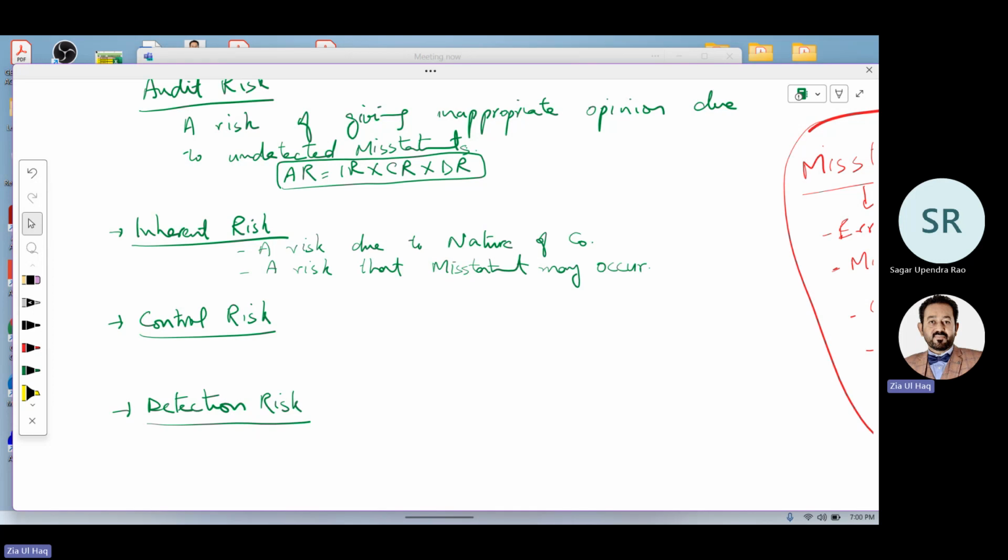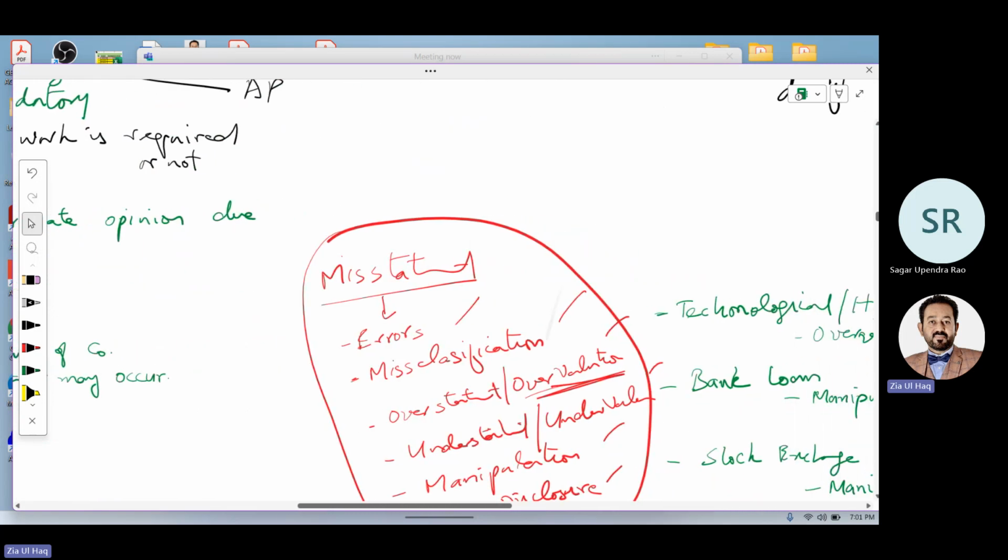Company going for a bank loan, company going for listing, management remuneration based on bonus, company has invested in property and the property is in a slum. Due to this, what kind of misstatement can happen in the financial statements? We will write it under inherent risk. And this is the most technical area, how to write down this inherent risk. There is one term called business risk.